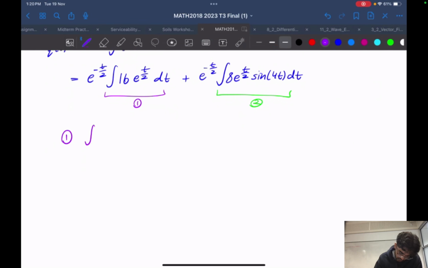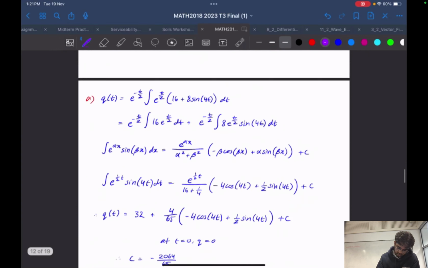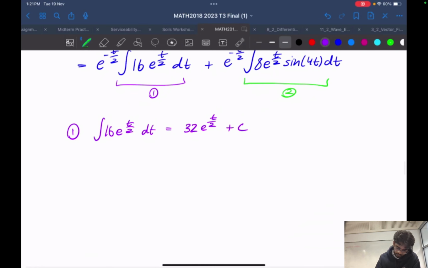The integral of 16 e to the t on 2 dt, you just get 32 e to the t on 2 plus c. Is that right? Yeah, that's correct. Let me check actually. Yeah, good enough.